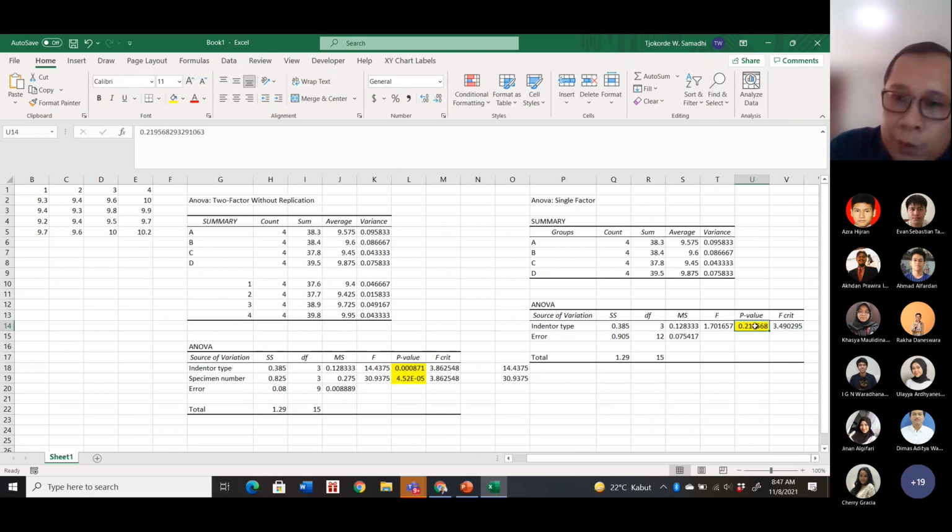And this is wrong. We all know that this is wrong, and this is the effect of interference from the block. Okay. So this example is to demonstrate to you guys how big the influence of a block can be, or a nuisance variable.